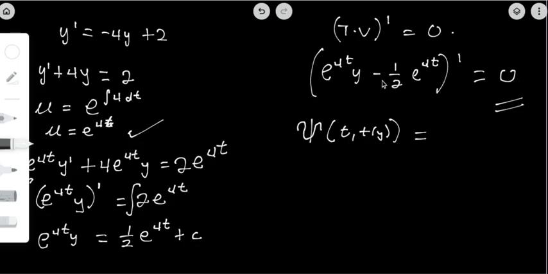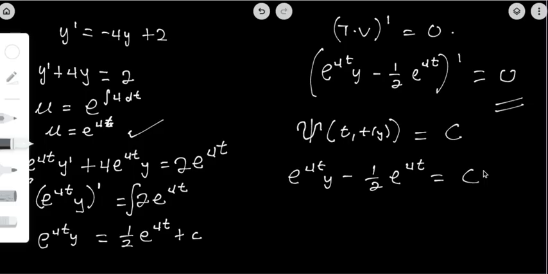So our potential function is equal to c, which implies that e to the power 4t y minus 1 over 2 e to the power 4t is equal to the constant.